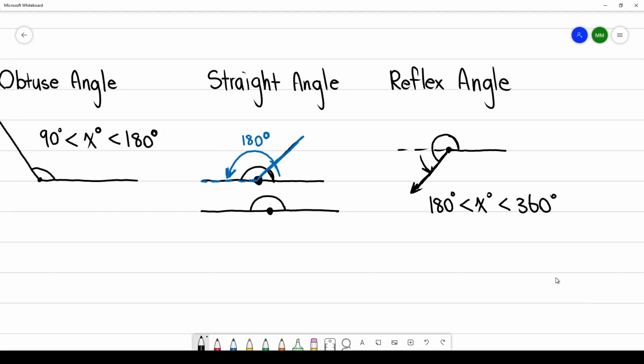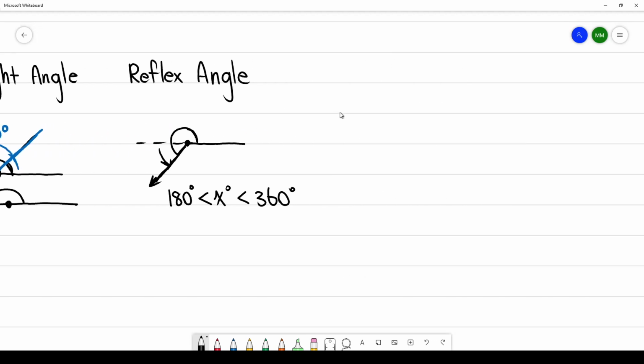And 360 degrees is, oh, what is it called? It's just a full rotation. Wait, no, actually, my bad. All the angles greater than 180 degrees are called reflex angles.